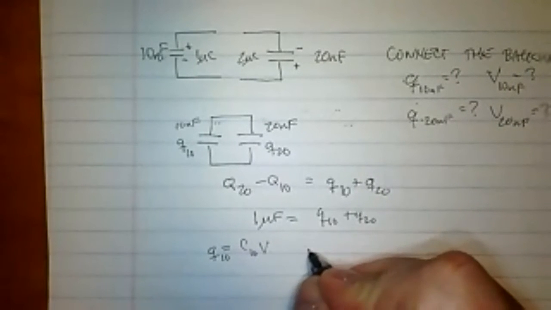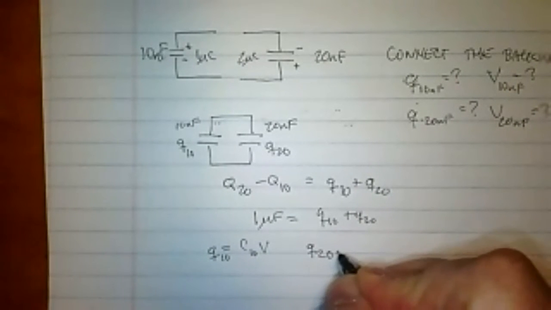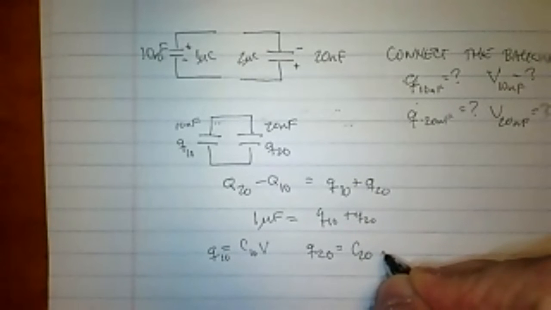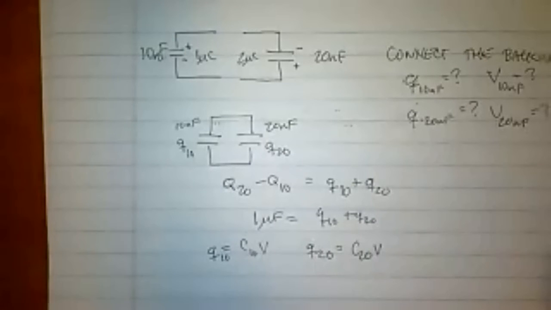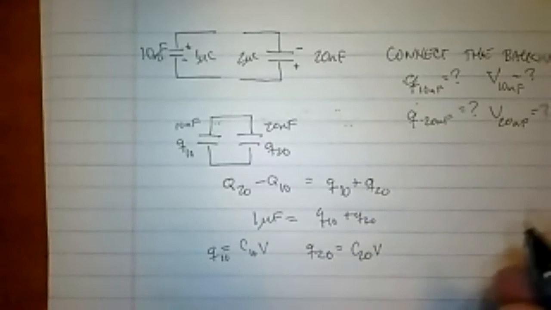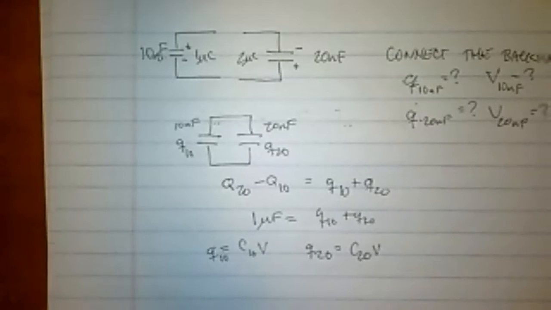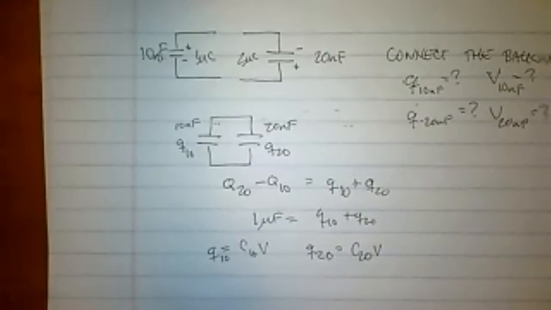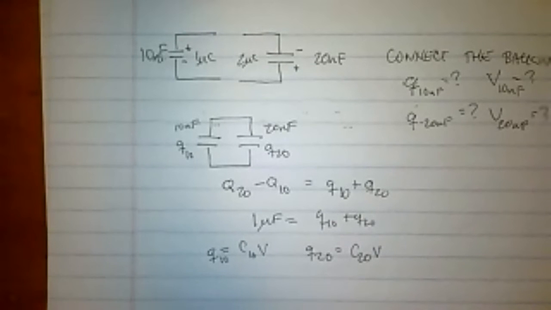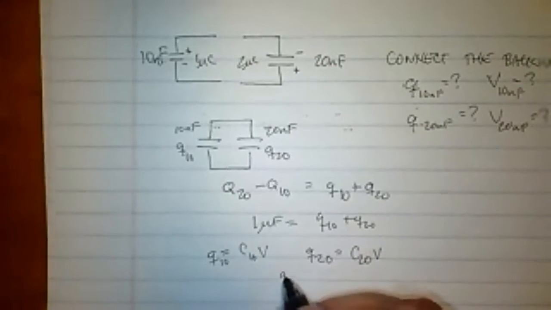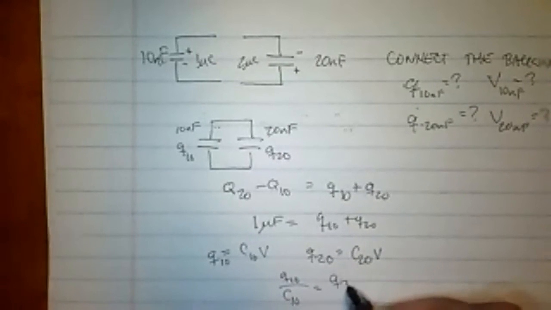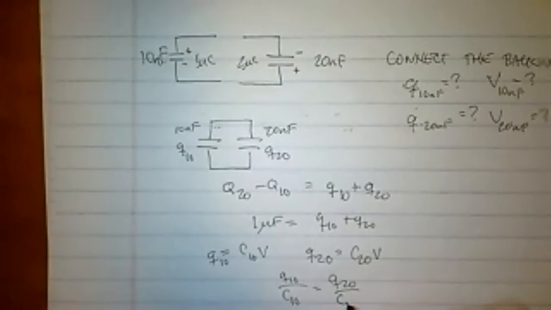But we also know that the Q20 is going to be the C20 times the V. So I'll just call this V and leave that as a symbol. Now, the point of it is that this new voltage should in fact be the exact same for both of them. So I get that Q10 over C10 is equal to Q20 over C20.